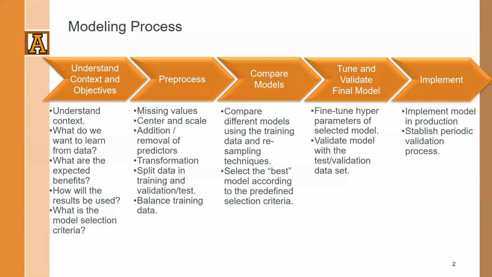It's also important to establish a periodical validation process. Models change over time. Data is changing over time, so the models will also change. A model that's very good now may not be very good a year from now. So we normally establish certain periods to validate the model.